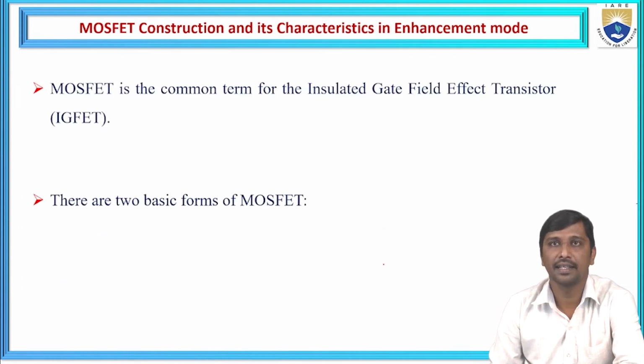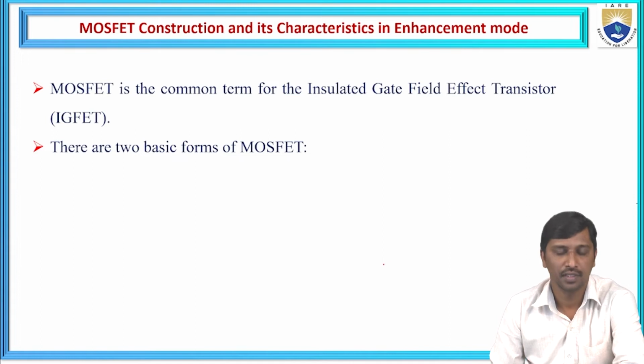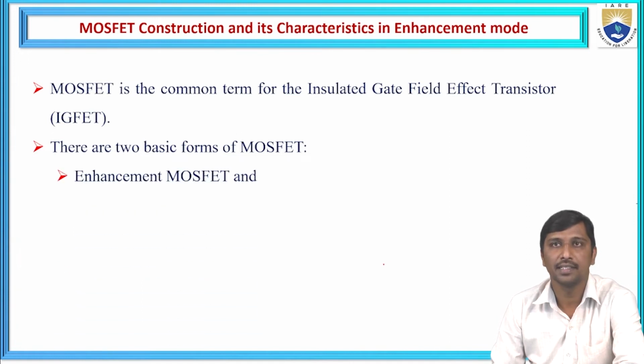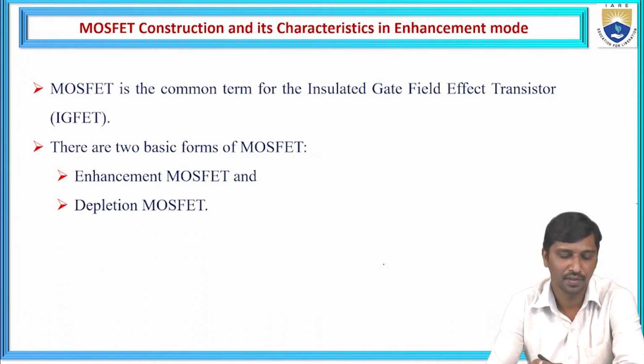The MOSFET is again classified into two types. One is the enhancement MOSFET, and another one is the depletion type MOSFET.